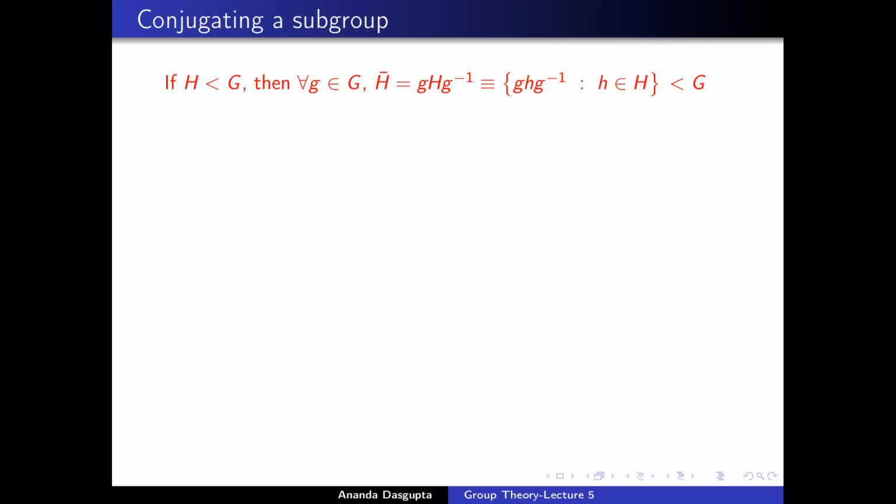So let me first start by proving this. Well, the proof actually is pretty simple and it borrows on a result that we had in an earlier lecture, the theorem that we had proven there, which is if you want to prove that a subset capital H of G is a subgroup, what you need to show is that for all elements small h1 and small h2 belonging to capital H, h1 h2 inverse also belongs to capital H. So we are actually going by that.